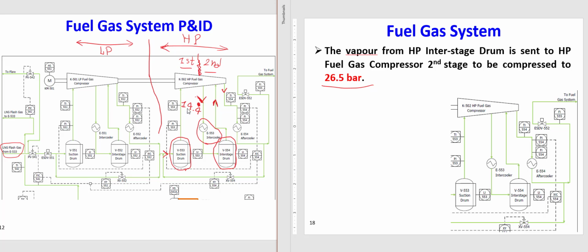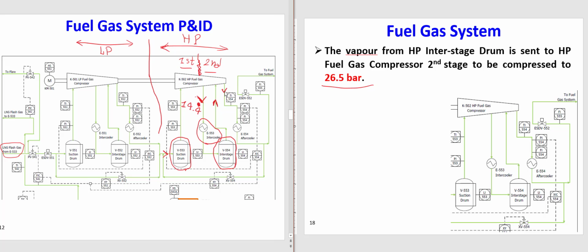So here it leaves at 14.4, goes through the intercooler and interstage drum, then goes to the second stage of compression, and it leaves at 26.5 bars.